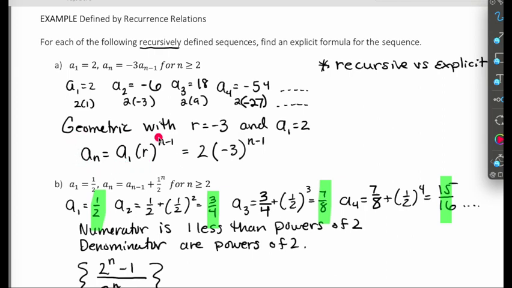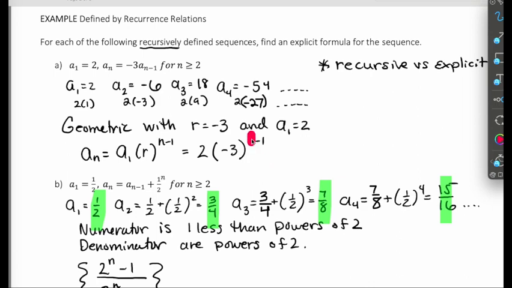So I'm going to define this as a geometric sequence, and then we can check it to make sure it works. So I'm going to plug in r is my negative 3, my first term is 2, and I raise that negative 3 to the n minus 1 power. Now, if we check it, let's say we're looking for the term a3. That means if we want an explicit formula, I want to be able to plug in n is 3 directly if I want to find the third term.